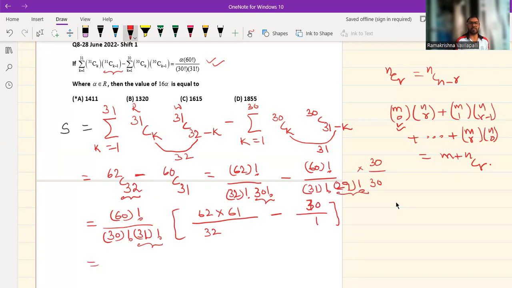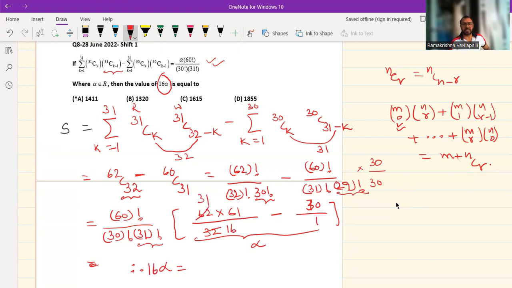Now this value is alpha. So therefore, alpha equal to... We want 16 alpha, right? So here you see this is 2 16s and 2 31.